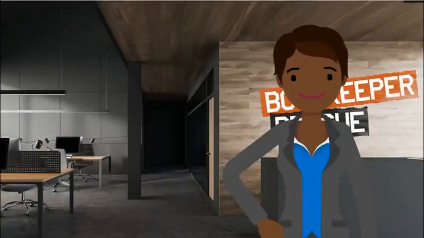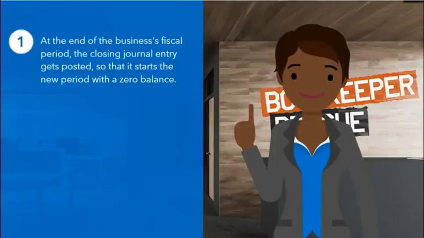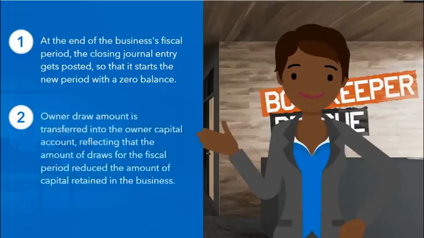Let's talk about the end of the fiscal year process when there has been a draw. First, the closing journal entry needs to get posted so that it starts a new period with a zero balance. Second, the owner draw amount is transferred into the owner capital account to show that the draws for the period reduce the capital.